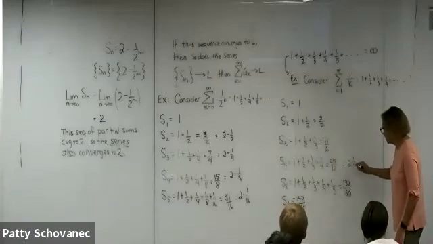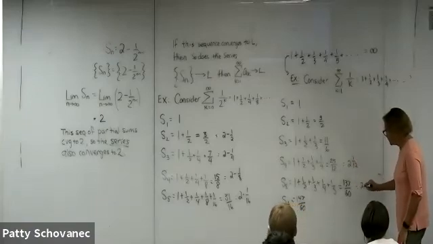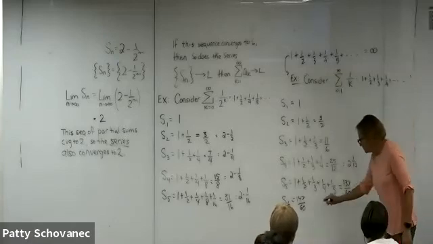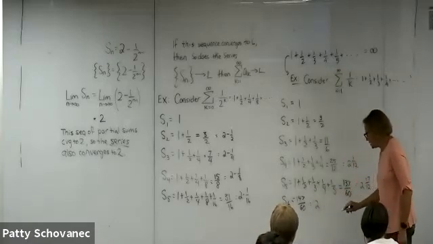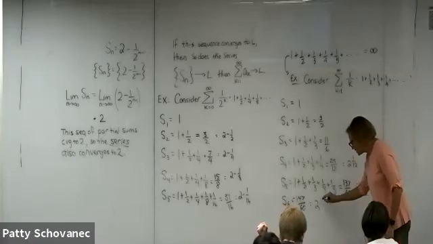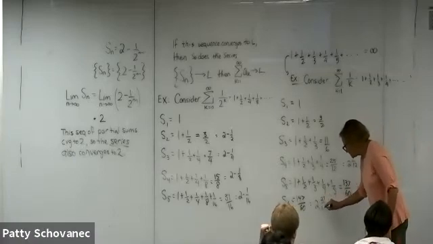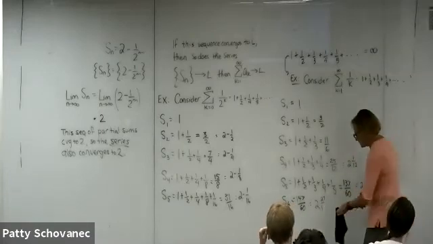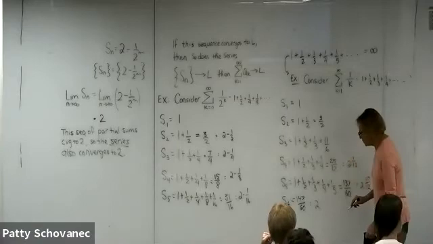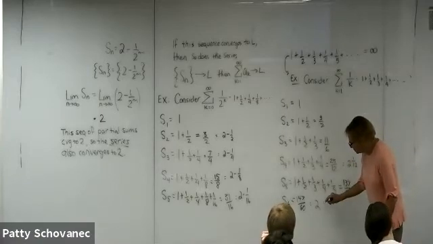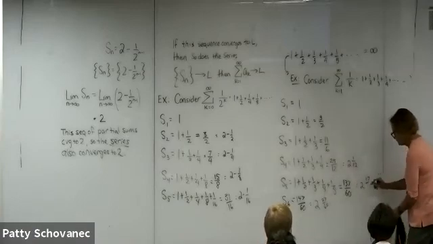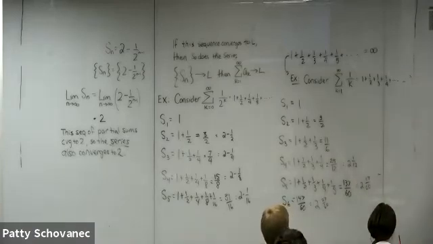This is 2 and 1/12, this is 2 and 17/12, this is 2 and 27/60.